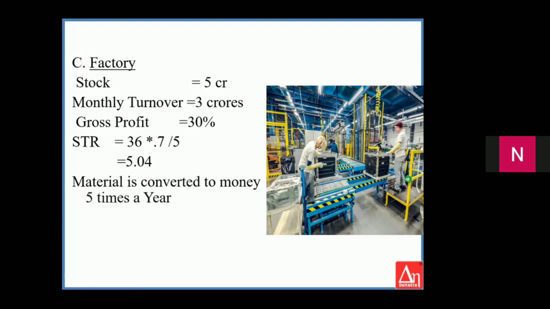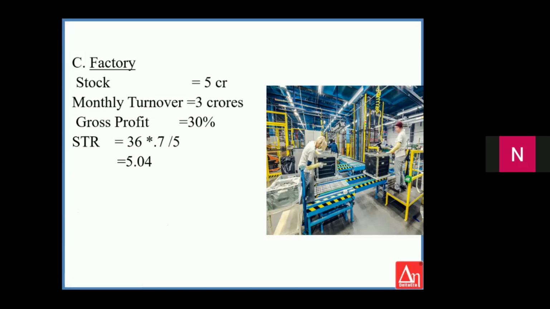So the material is getting converted to money 5 times a year. And the DSI, which is 365 divided by 5, becomes 73 days. You see, in the case of the banana vendor, the STR was 365 and DSI was 1 day.